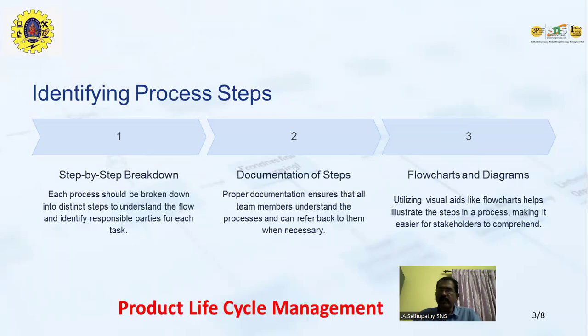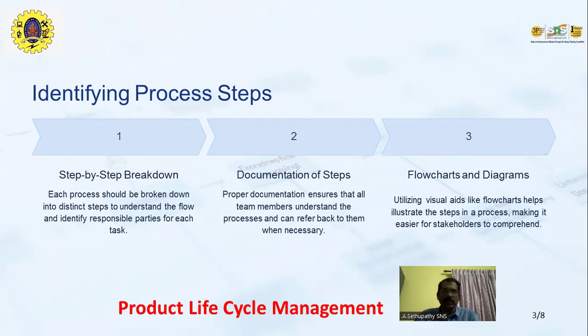So how do we identify the process steps? First one is step-by-step breakdown: we separate the manufacturing process into how many steps we need to make a product.